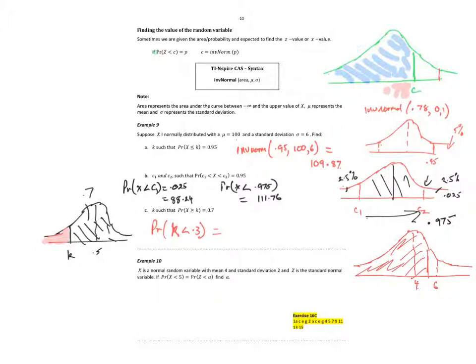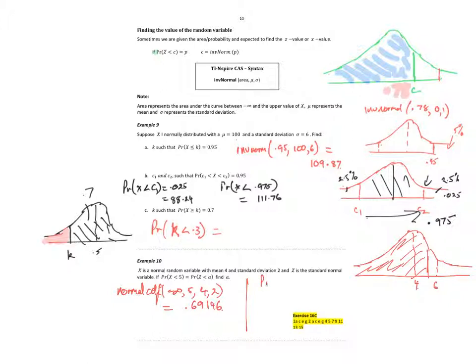So for this curve here, the probability of being less than 5 is going to be given by normal CDF, minus infinity to 5 of a 4, 2 distribution, and that gives me 0.69146.